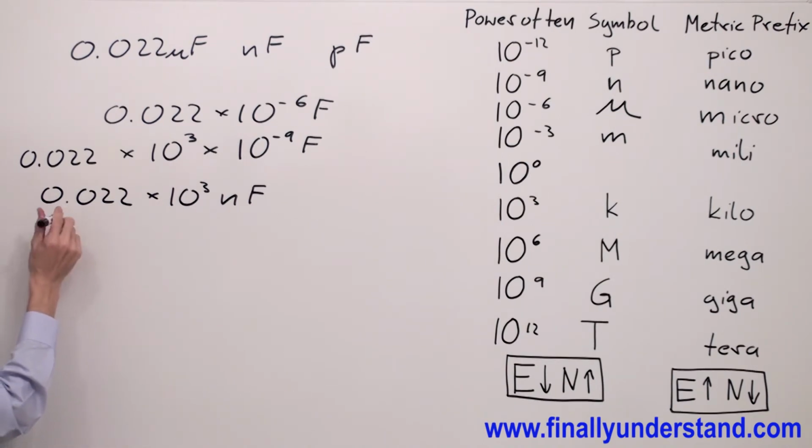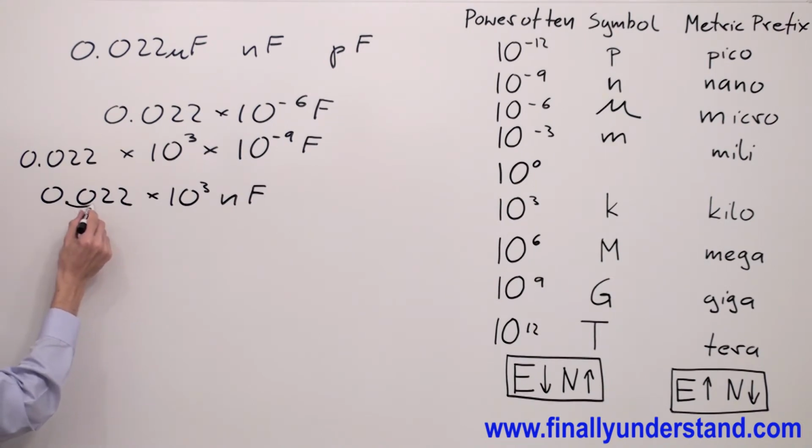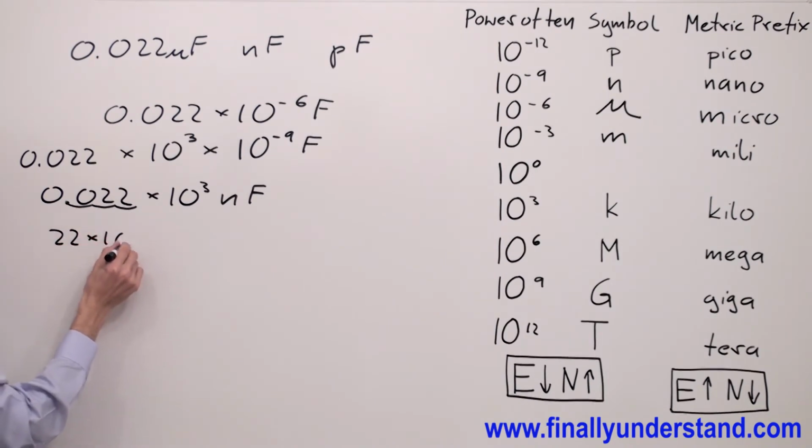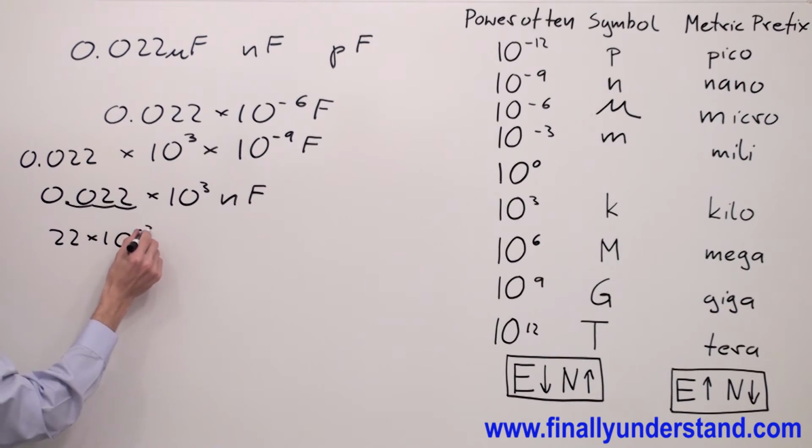But this number looks kind of ugly. I do not want to have 0 on the left side of decimal point. So what I'm going to do, I'm going to move my decimal point 3 times to right. Why 3 times to right? Because I'm going to get the number 22 times 10 to the negative 3.